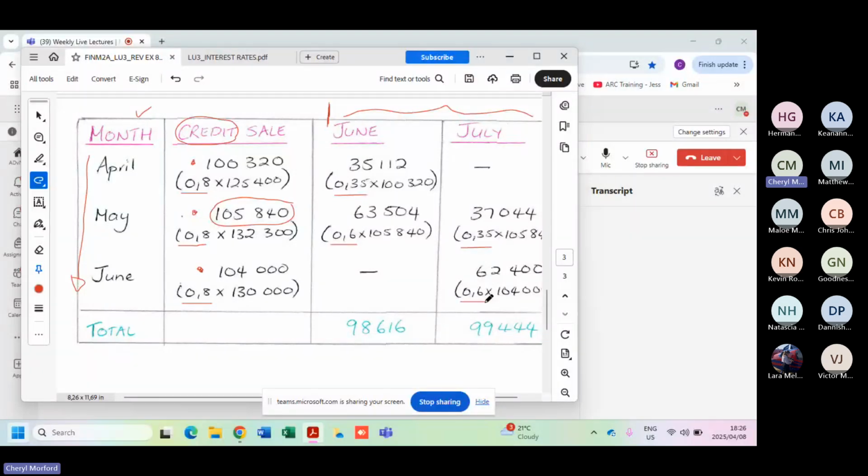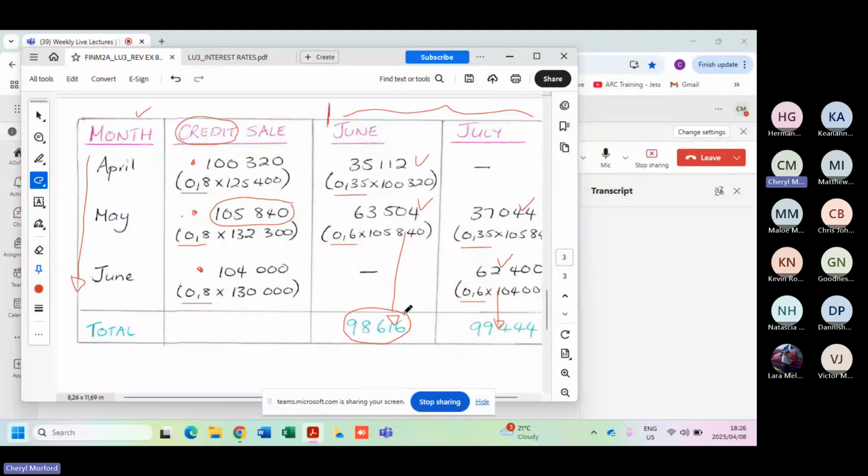So now what am I going to do? I'm going to take the amounts, the two amounts that are sitting in June, the 35, the 63. I'm going to add, pop the total down there. I'm going to take this amount, the 37, the 62, going to add them for July, pop the total down there. Now it's only the totals that I'm interested in. Because what is this 98 something?